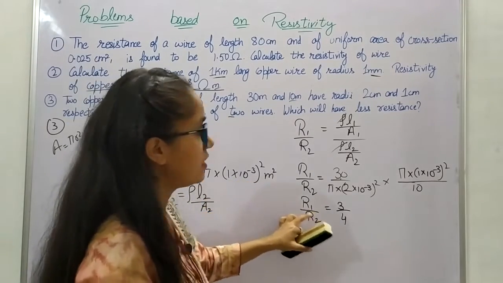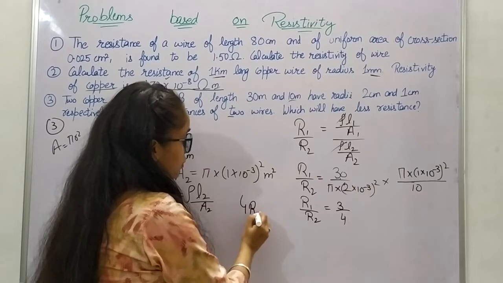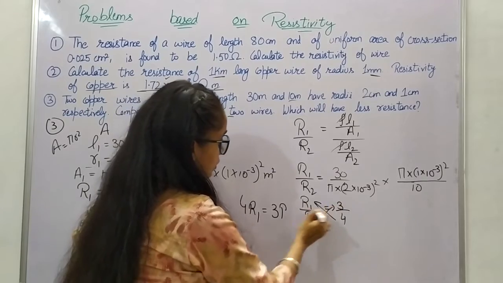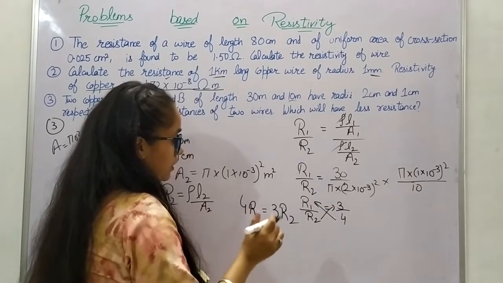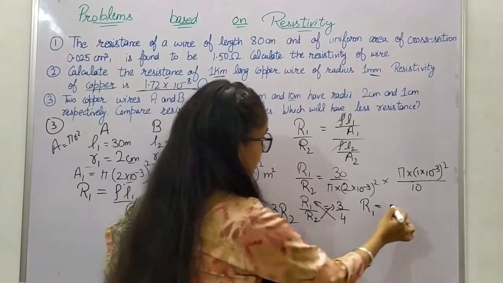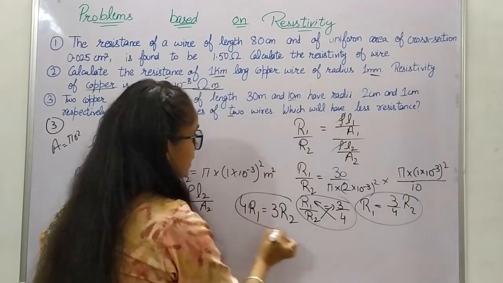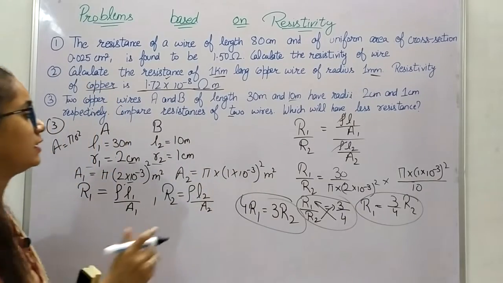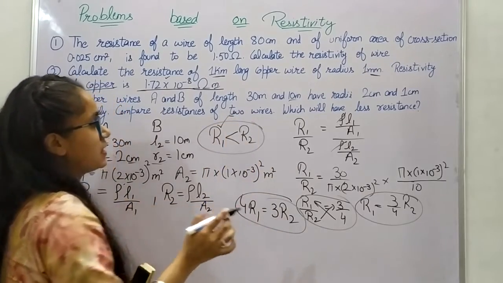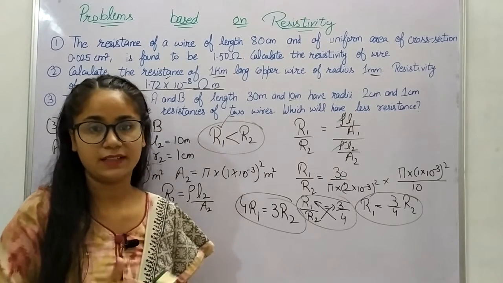R1 would be less than R2. You can also write it like 4R1 equals 3R2, or R1 equals 3 over 4 R2. From every point of view you can see R1 is lesser than R2. So copper wire A would have lesser resistance as compared to copper wire B.